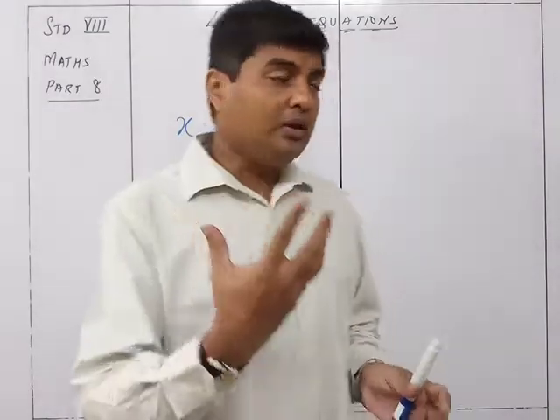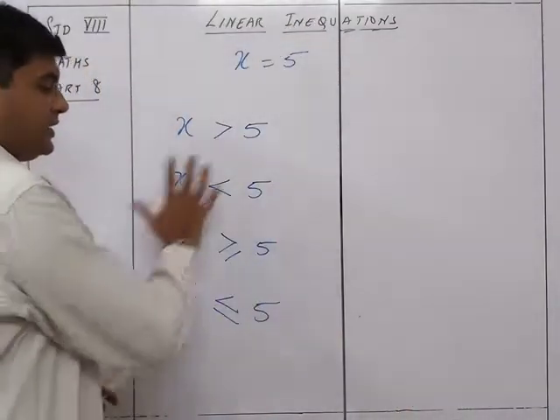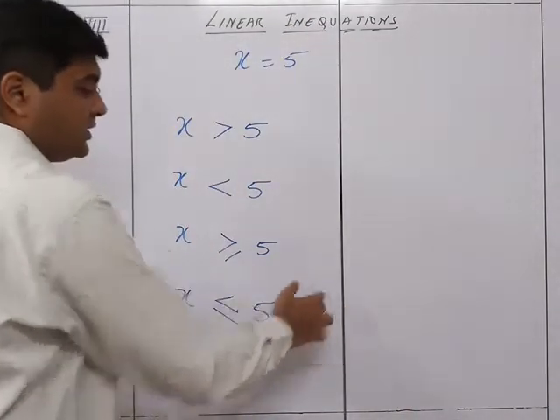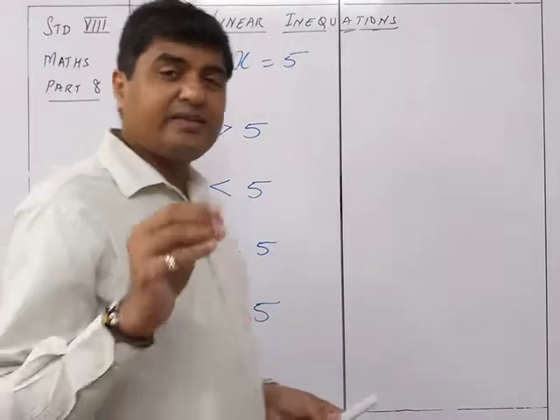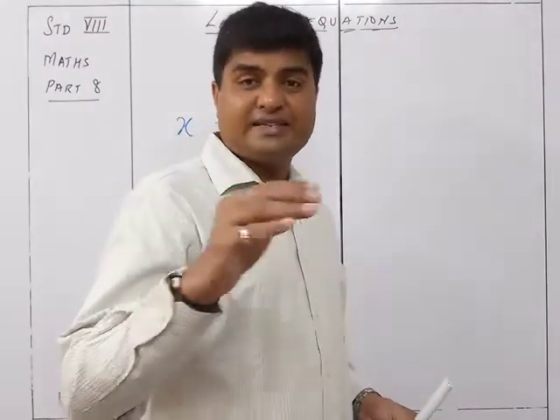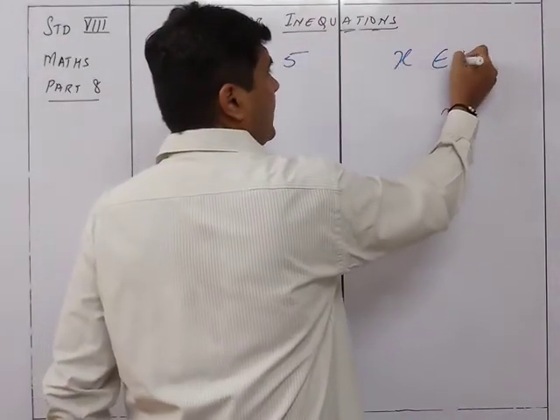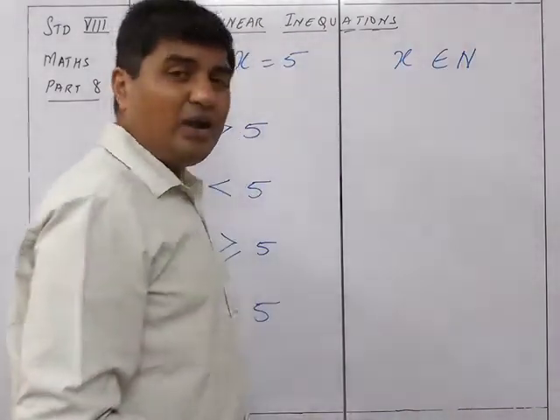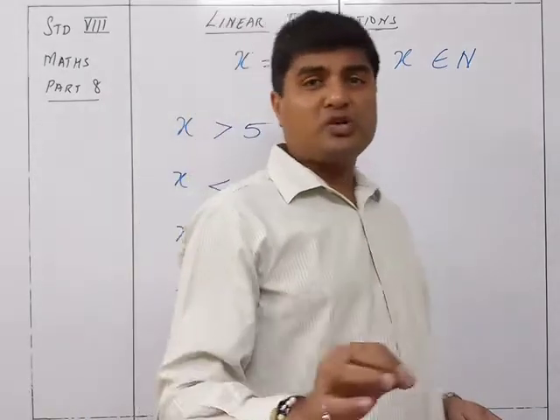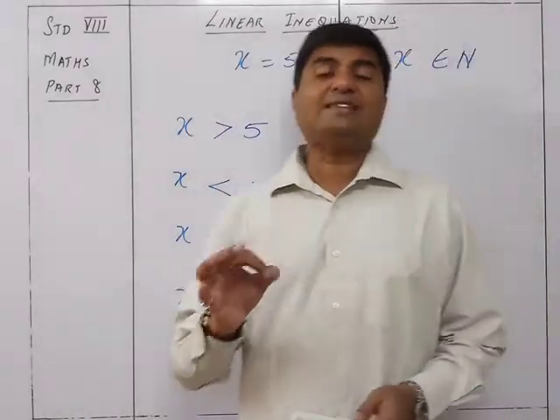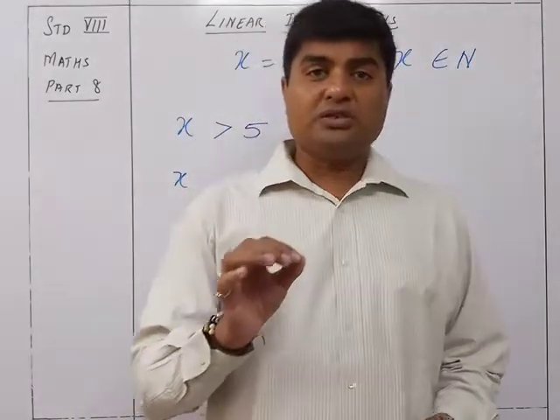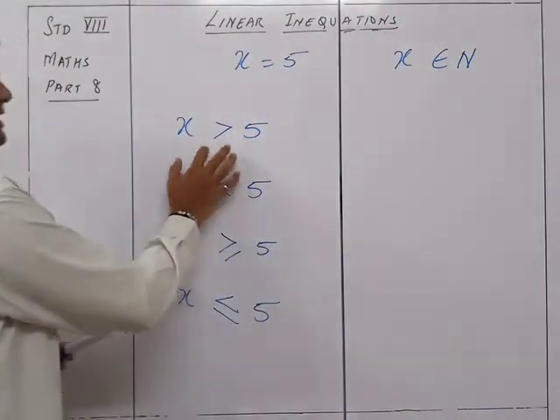Like for example, if the x is given to me, we had learned in sets that belongs to, right? So if it is given that x belongs to N, suppose I know that x belongs to natural numbers. So if x is belonging to natural numbers, then what is the answer over here?